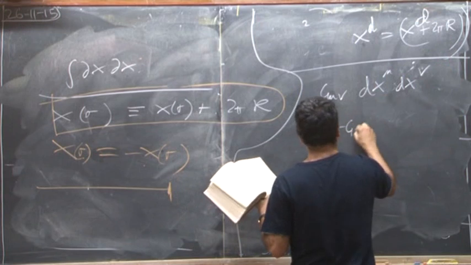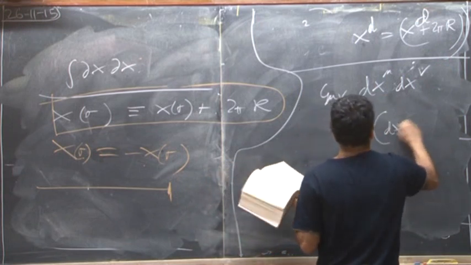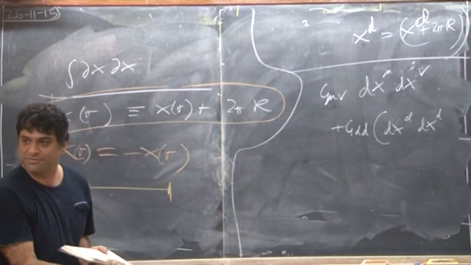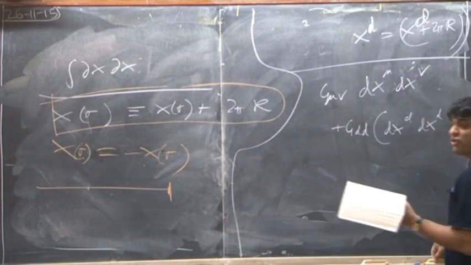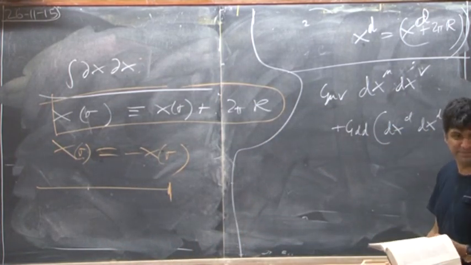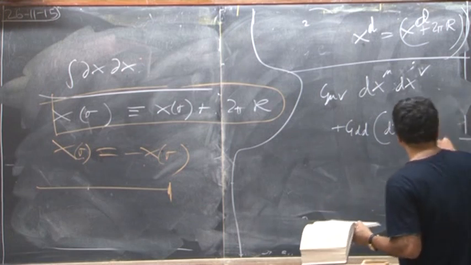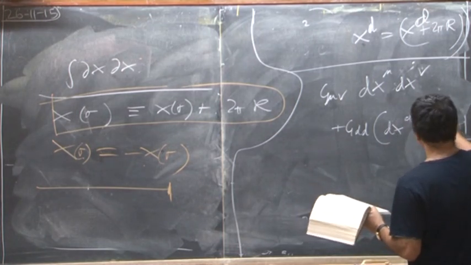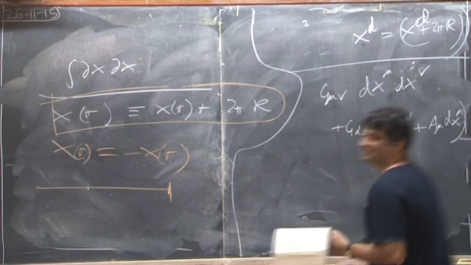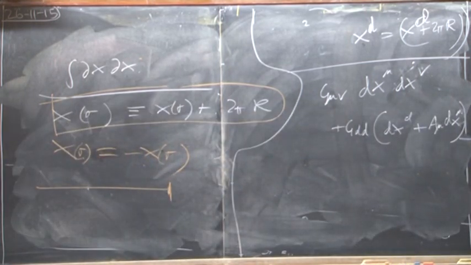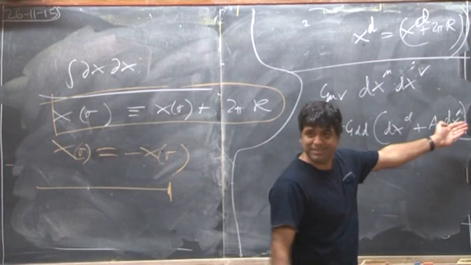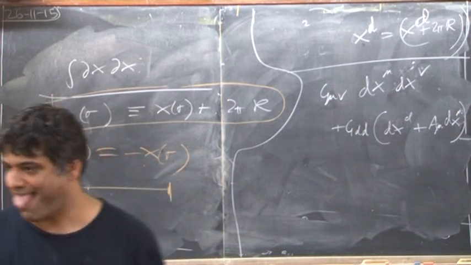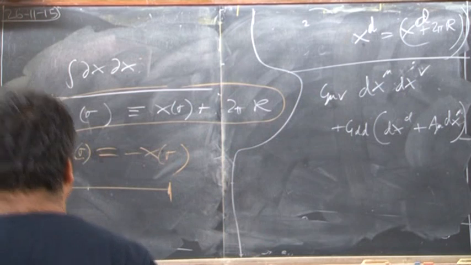You can put an arbitrary G_mu nu dx^mu dx^nu. But this is not all you can do, and that's the reason for the interest. What you can also do is have cross terms between the dx^mu and the dx^11. So the most general thing you can do is this: you can have (dx^11 + A_mu dx^mu) squared, where all these fields are now functions only of the x^mu directions.